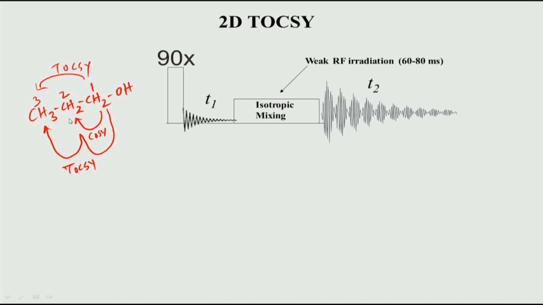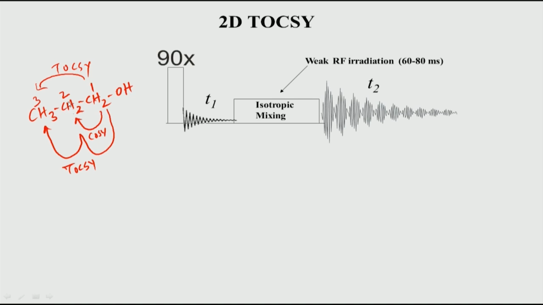So, this is why we can now say that the chemical shift of 1 starts getting correlated with the chemical shift of 3. We will see that as we go on, but this is a special feature of TOCSY, that it couples two hydrogen atoms which are not directly coupled to each other, but are still coupled through intermediate coupling. So, suppose that these two did not exist.